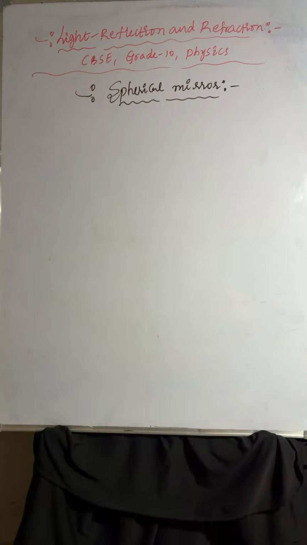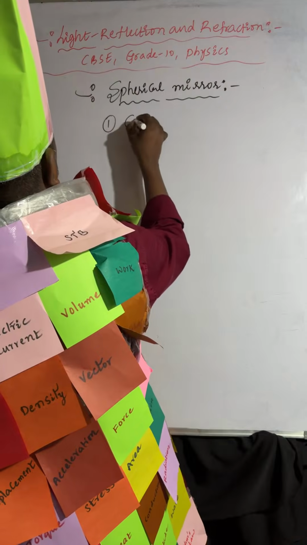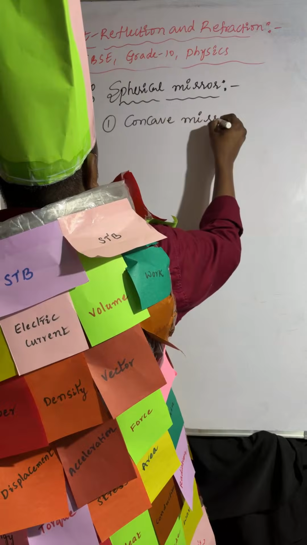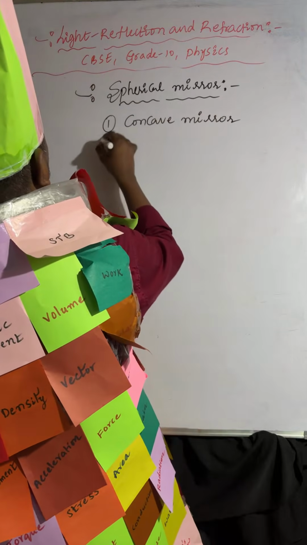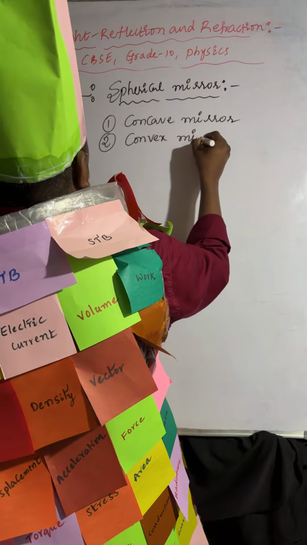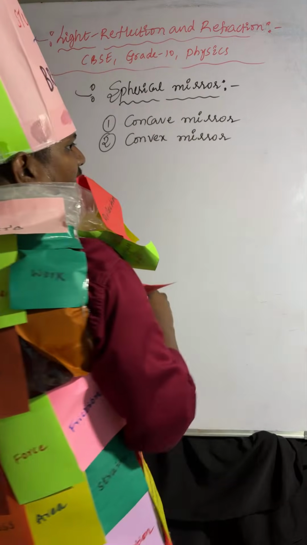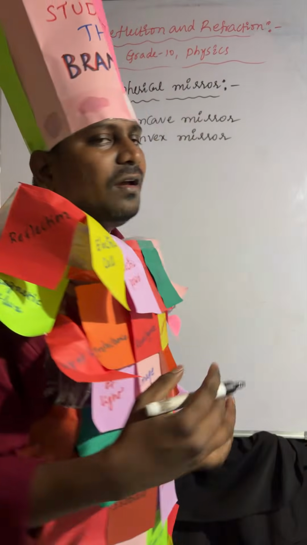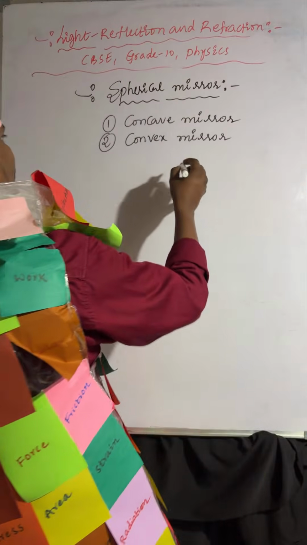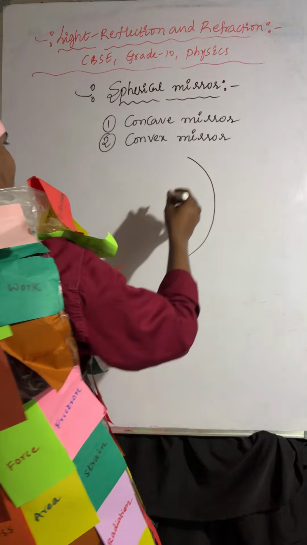There are two types of spherical mirrors. One is the concave mirror and another one is the convex mirror. The concave mirror is also known as a converging mirror.